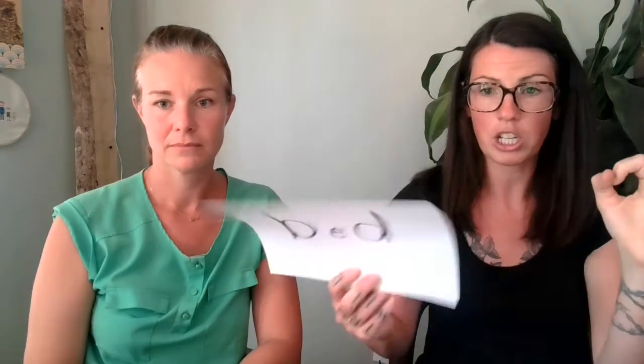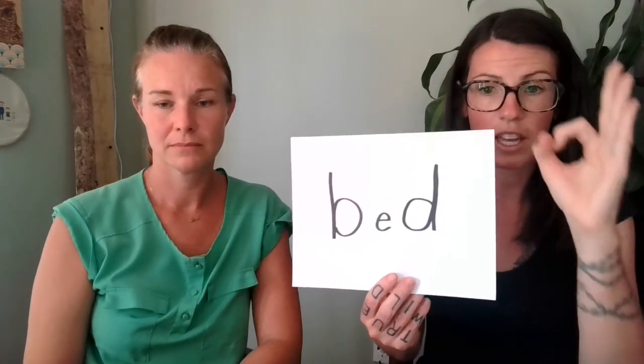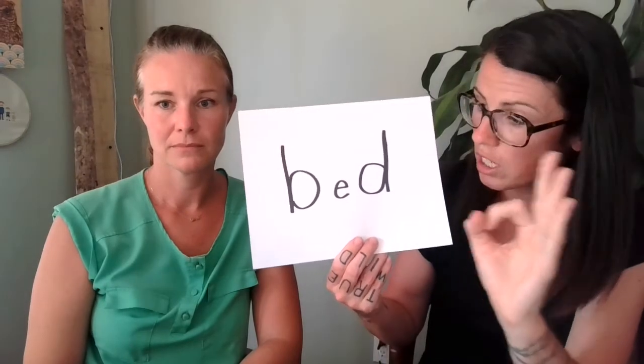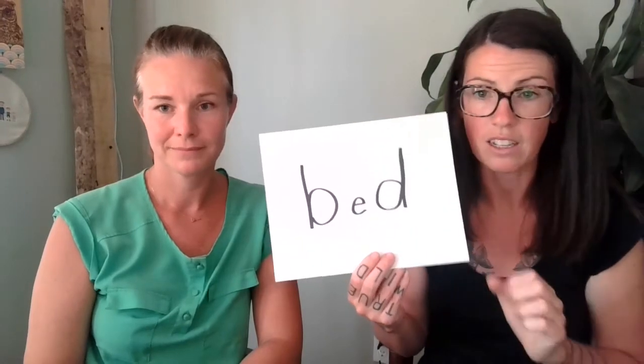B and D. So sometimes with a child that is struggling, I will put an elastic around the B hand, and it's a reminder that this is the letter B. So when they go to read on the page, they know that this hand has their elastic, this is their B. So if they're looking at the word with a B and a D in it, they can put their hand against the word and they can see that that's the letter B and this is the letter D. So that's a really nifty trick that they can use when they're reading.